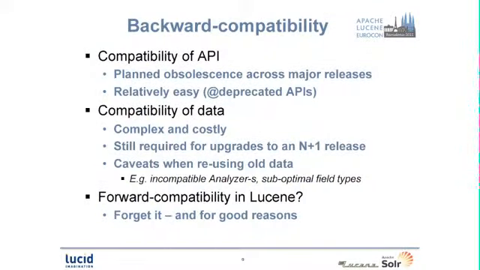So now we come to the core of the problem. What about backward compatibility? Is it possible to use data that was produced by other versions of Lucene with another version of the library? Well, it is, and it's not. There is some limited compatibility built into Lucene. First of all, there are two major areas of compatibility. One, when it comes to the APIs.